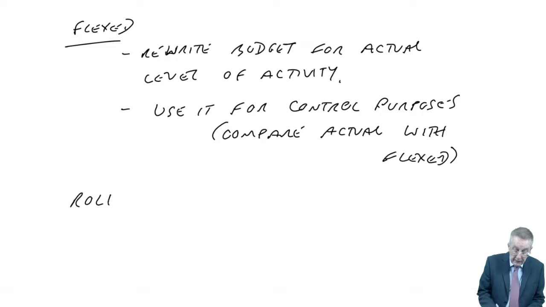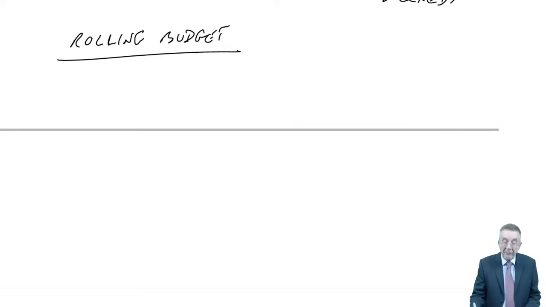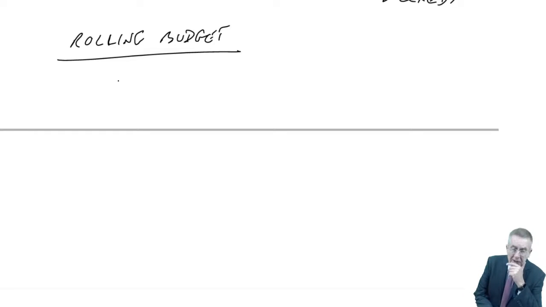Finally, be aware of what a rolling budget is. It's better than making up a tiny example, and then I'll explain what the benefits and problems are. Just suppose, most companies do a budget for the coming year.